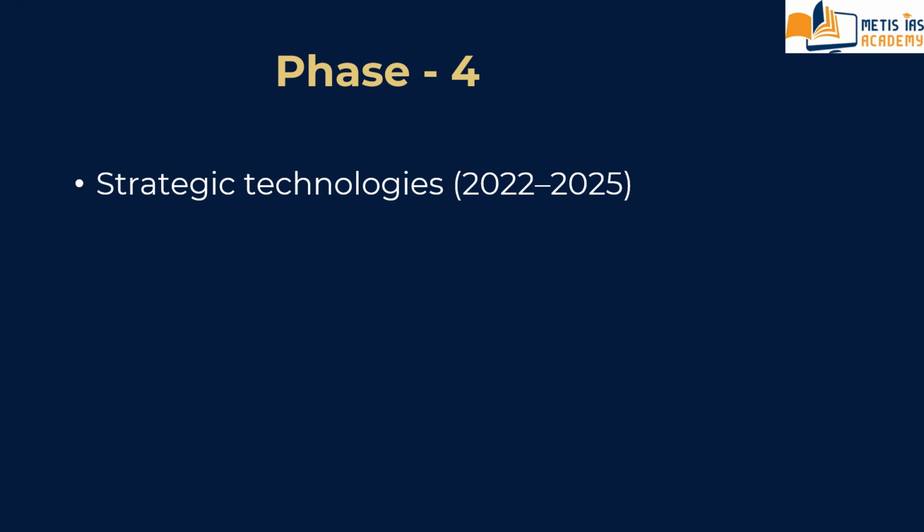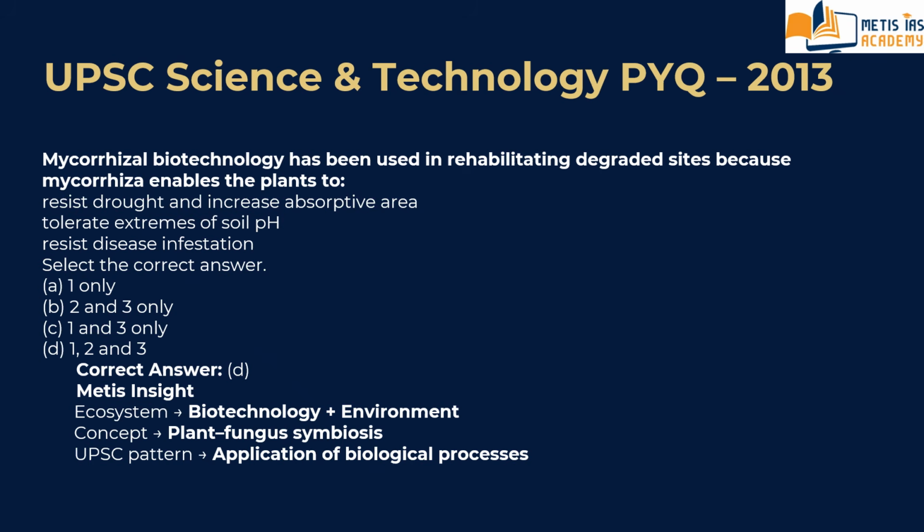So, science and technology have now become one of the most dynamic areas of the paper. Let's see a few examples from the previous four phases. The previous year's questions, what was asked in the examination, we will discuss in brief.